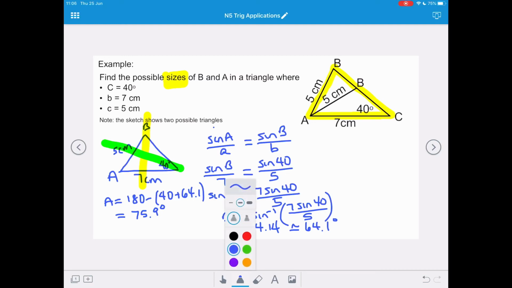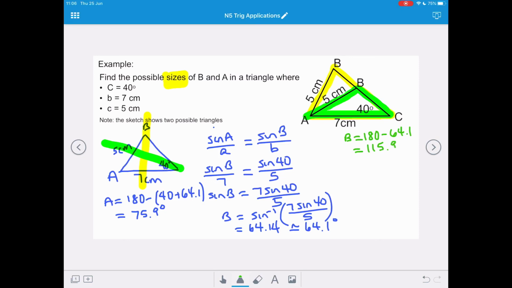Now our other triangle was when the angle at B was an obtuse angle. Now we know that the obtuse angle for any acute angle is going to be 180 take away that angle. So B is going to be 180 take away the 64.1 degrees, giving us an obtuse angle at B of 115.9 degrees.